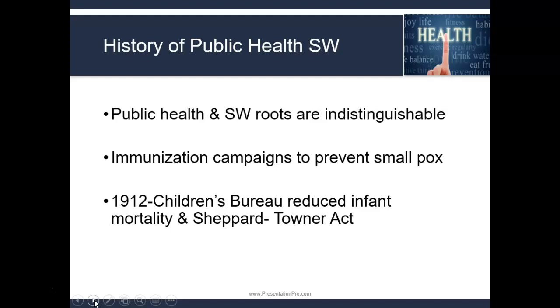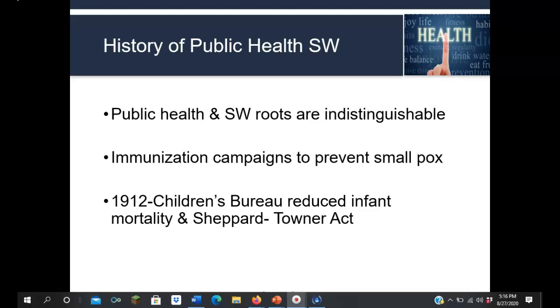If you do some research, I would like you to take some time to look up the 1912 Children's Bureau, Reduced Infant Mortality, and the Sheppard-Towner Act. Infant mortality was a huge problem in 1912, and to a certain extent in some states it still remains a problem today.